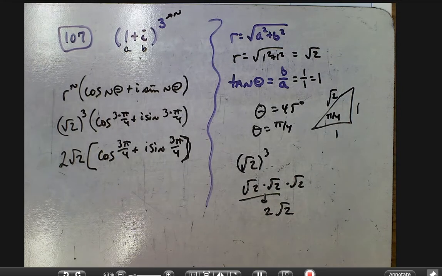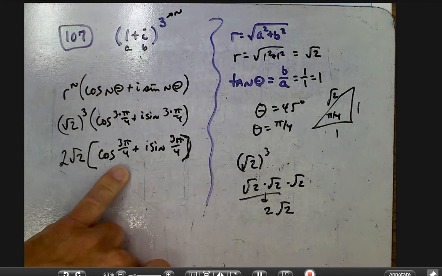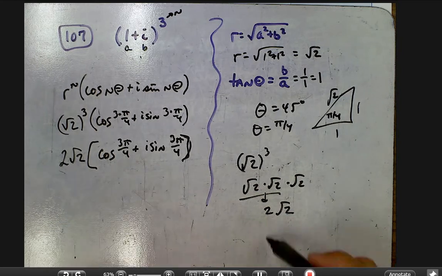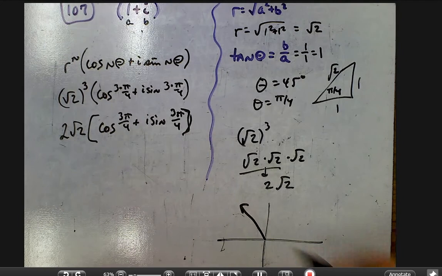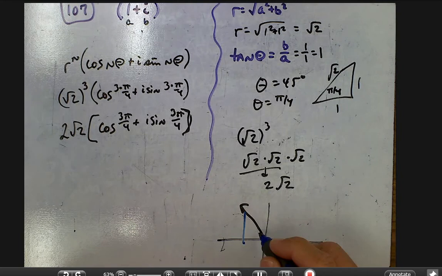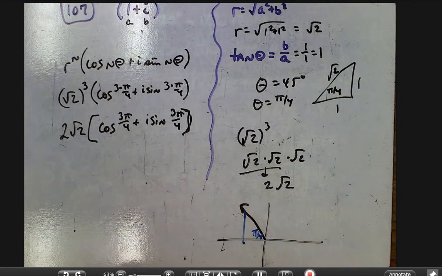Okay, now we have to find the cosine of 3 pi over 4 and the sine of 3 pi over 4. So if I draw here, 3 pi over 4 is this angle that I've drawn there at the bottom. Draw the triangle, and so the reference angle is pi over 4.